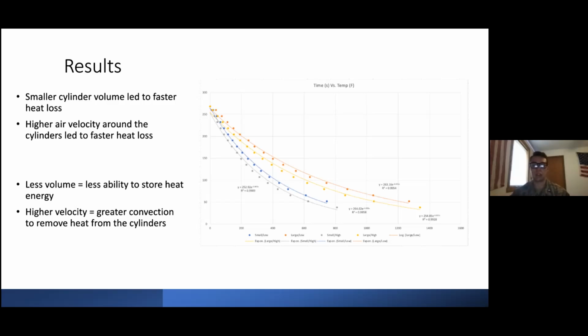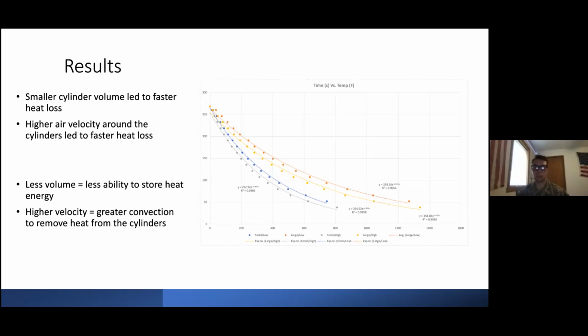The next big thing is that the higher air velocity led to a way faster heat loss for both cylinders, large and small. The reason is that you're moving more air particles over the surface area of the cylinder, and you're able to transfer more heat that way.